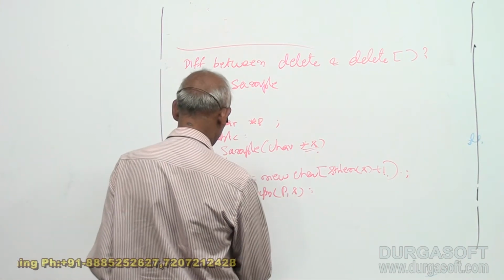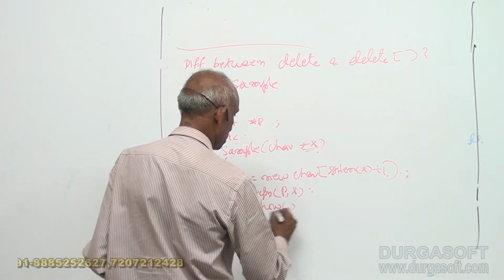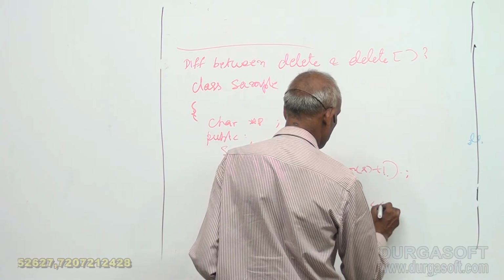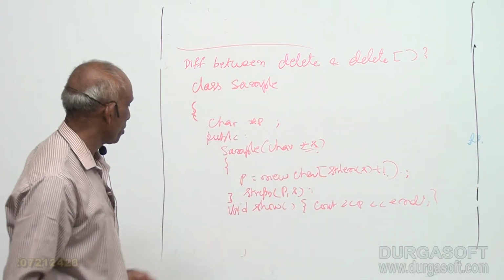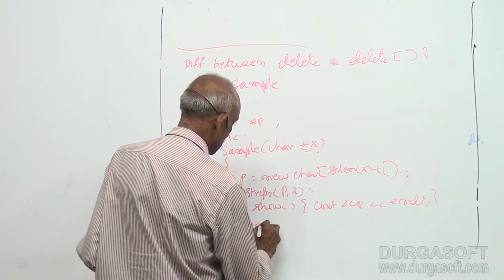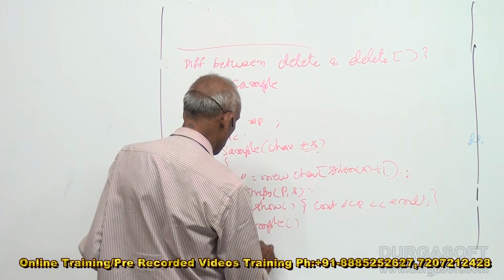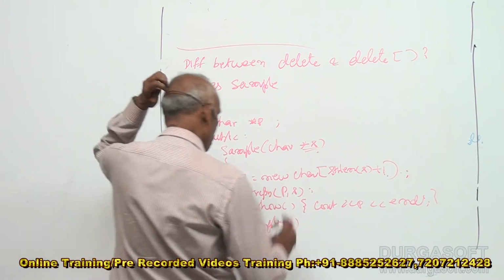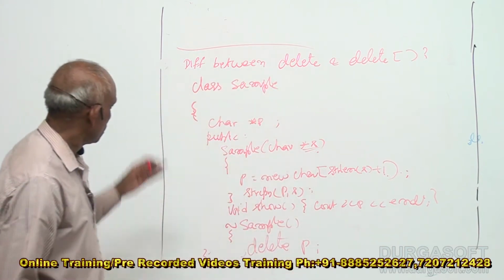Then maybe show, this will display this, cout P and endl. Then since we allocated memory here, we have to deallocate in the destructor. So tilde sample, deallocate, delete P. This is a class.